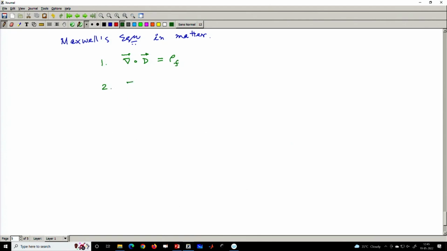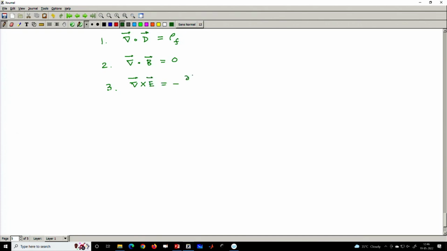The second equation does not change because there is no source term. The third equation remains unchanged: curl of E is equal to minus del B del t.